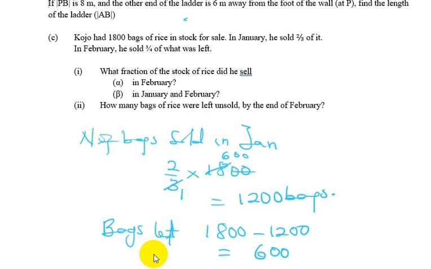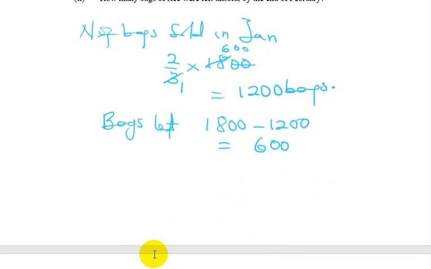Now we were also told that in February he sold 3/4 of what was left, okay? So from there, we are finding what he sold in February. So sales in February will be the fraction 3/4 for February times what was left, 600.